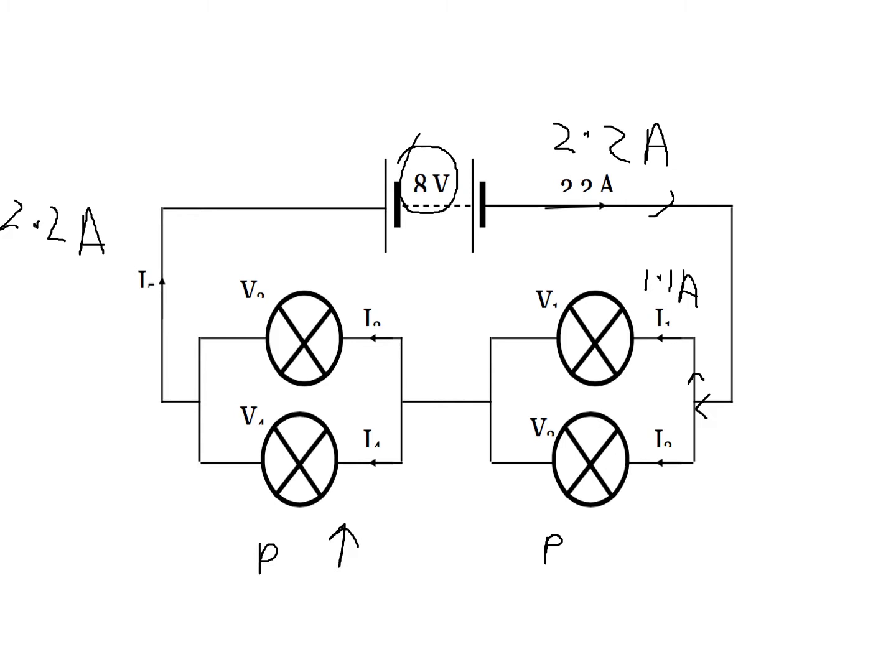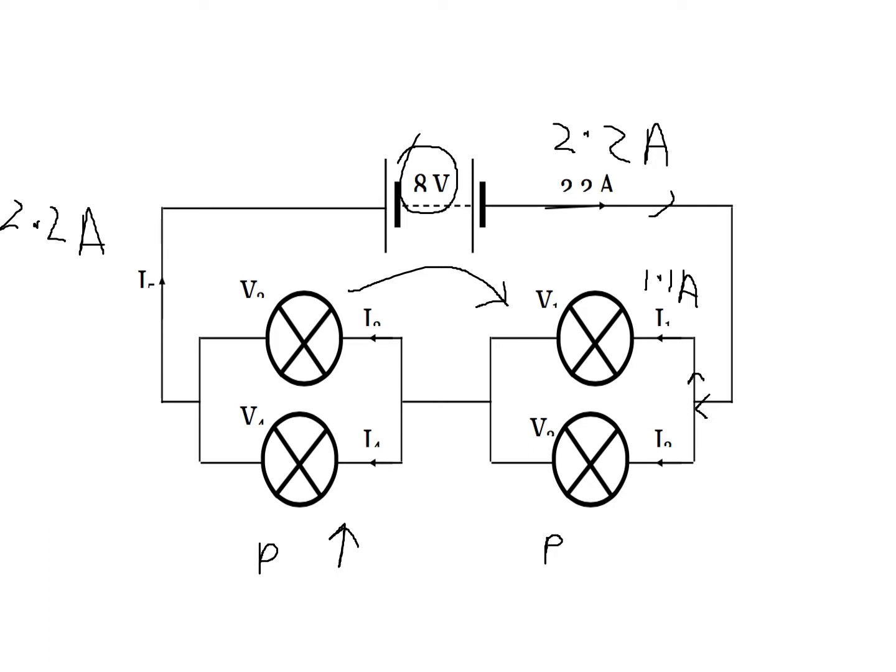So if we think about it, ignore the fact that these two bulbs are parallel to each other. In fact, that kind of helps us because remember, voltages in parallel are the same, so we don't have to worry about the individual voltages for each part. But these two bits, however, are connected in series. So if it's in series, it must mean the voltage will split up.